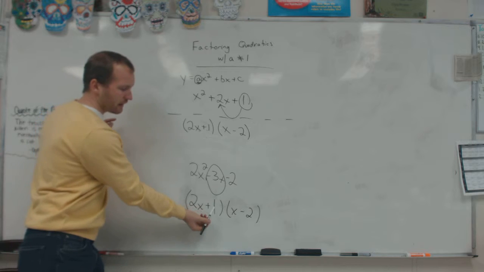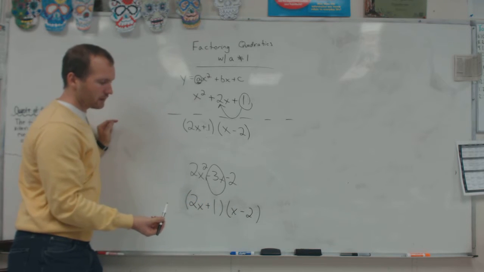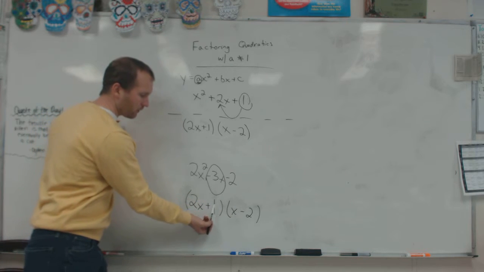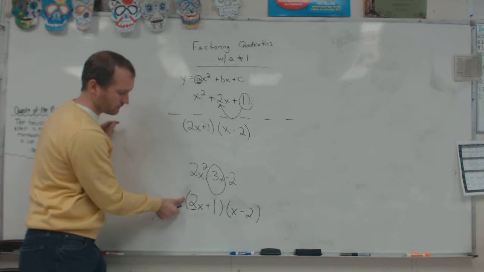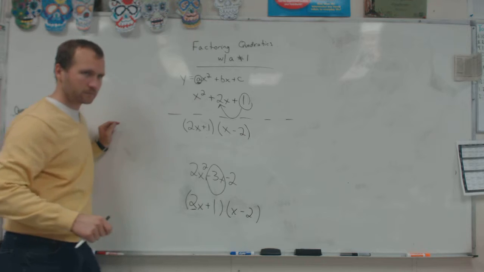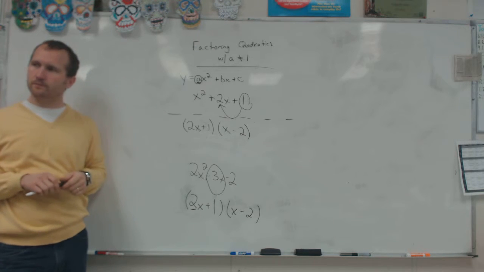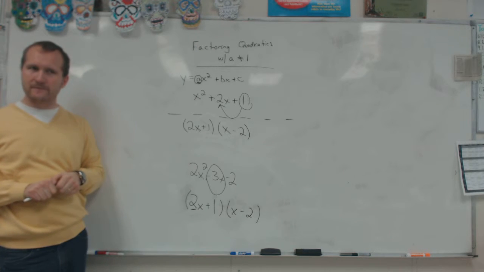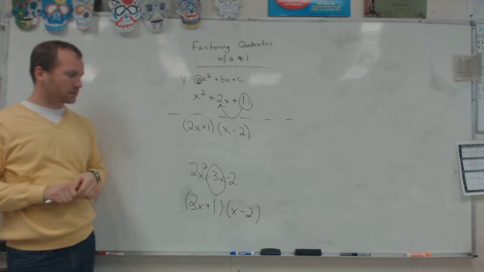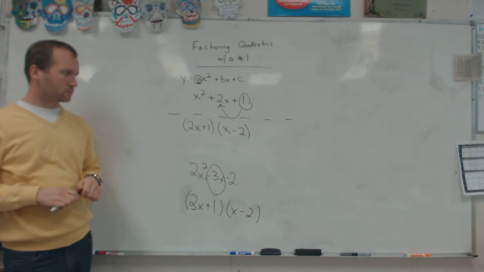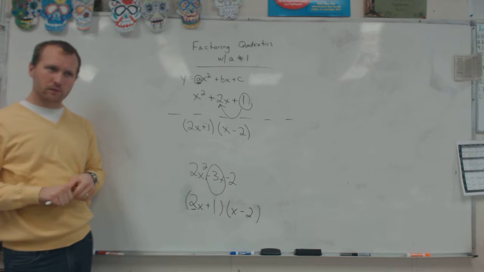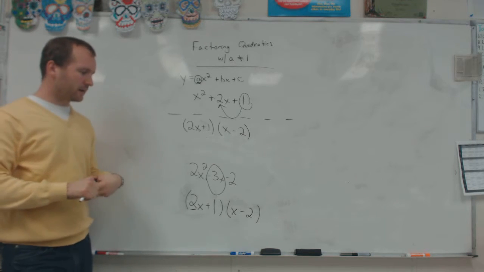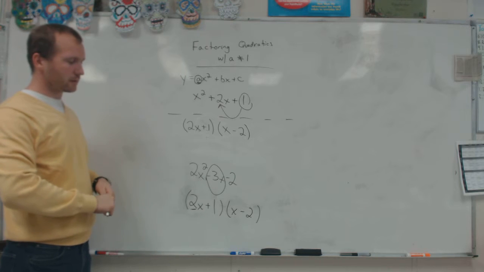So instead of just the 1 and negative 2, it's now the 1, the negative 2, and the 2. Okay? You guys see how that all works out together? So, yeah, it is a little confusing.